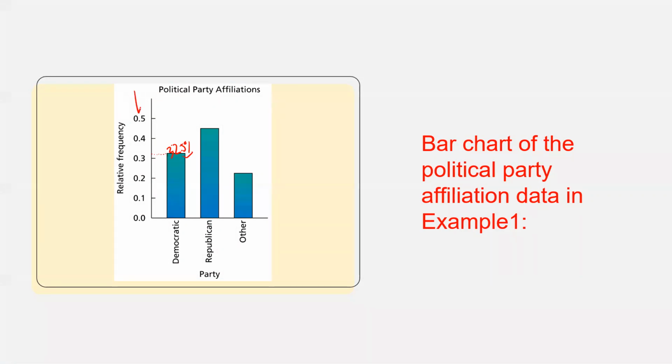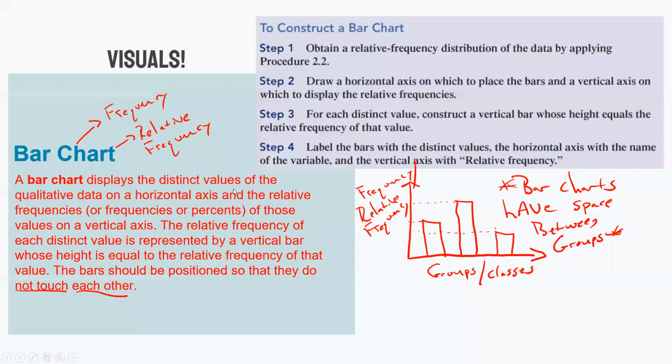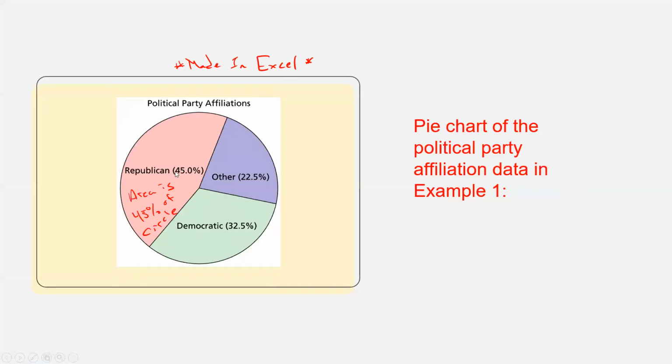So these tick marks represent a relative frequency. And you can see here along the horizontal axis, we have all our different classes or different groups. And the Republicans, it looked like they said was 45%.